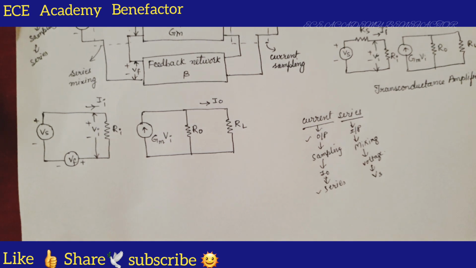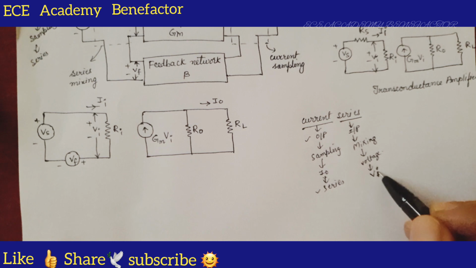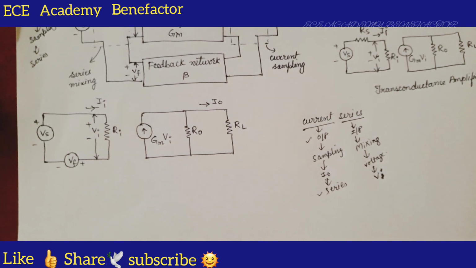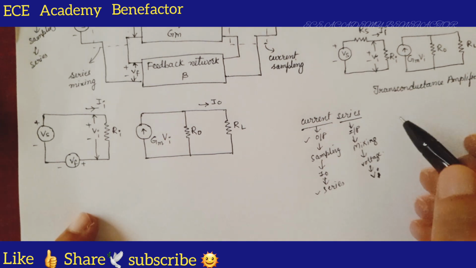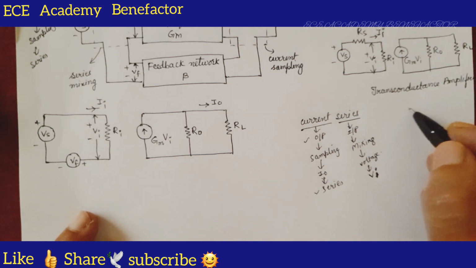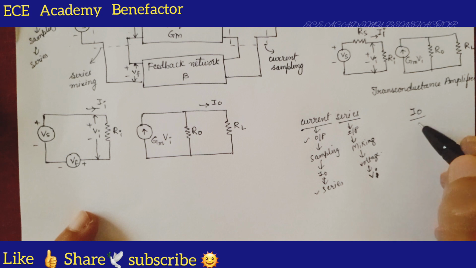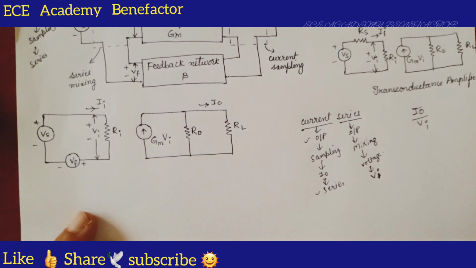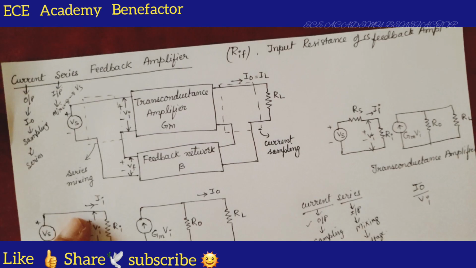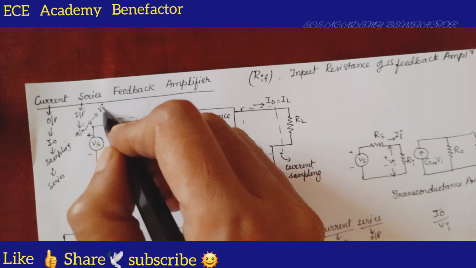Vs or Vi. The input parameter to the amplifier will be Vi. So, output is I0, input is Vi. This is series mixing, the voltage is mixed with Vi.